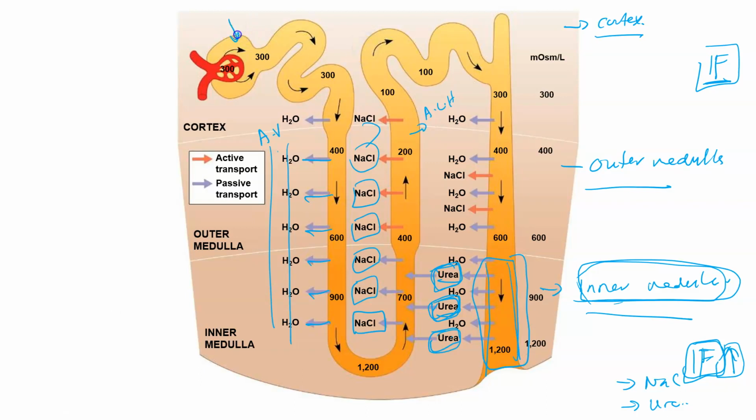So kalau awak observe filtrate concentration dekat cortex region will be similar in the proximal tubule, similar to blood. Tapi bila dekat distal tubule, the concentration of filtrate will be very dilute, which is 100. Sebab apa? Due to sodium chloride yang asyik-asyik keluar daripada ascending limb of loop of Henle. So concentration of fluid will be very dilute, banyak air lah dekat filtrate ni.